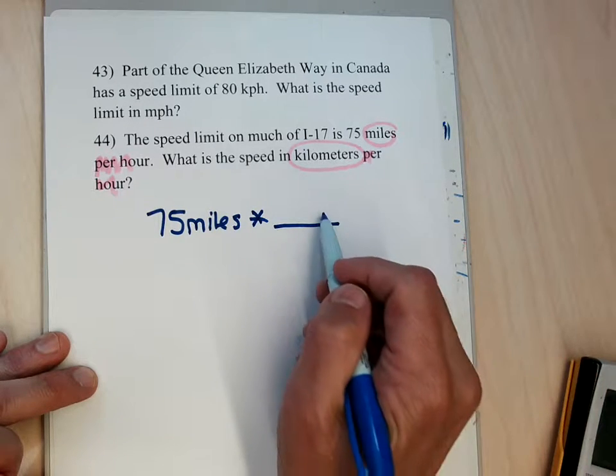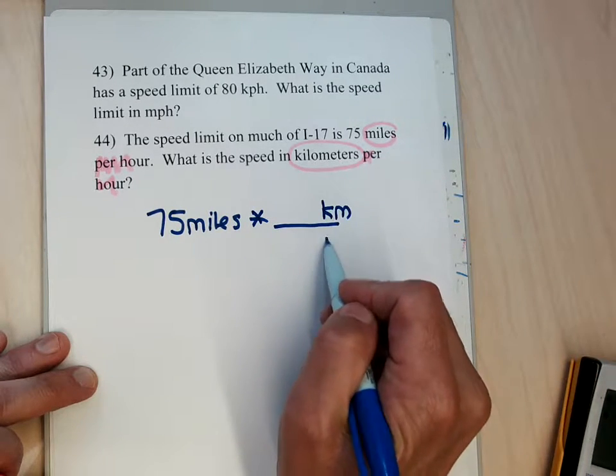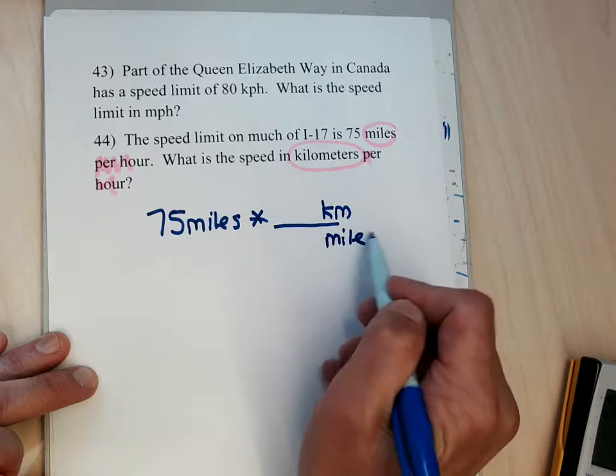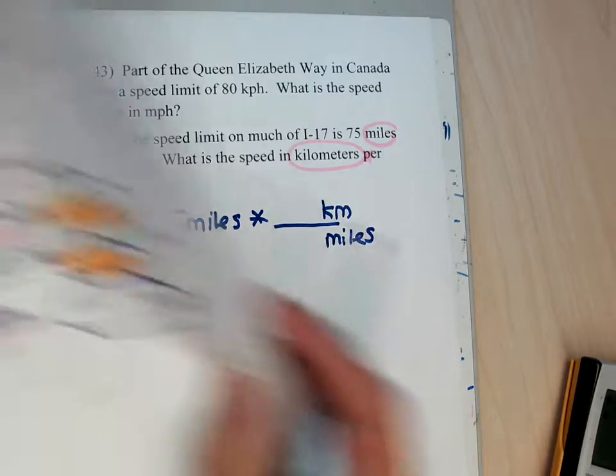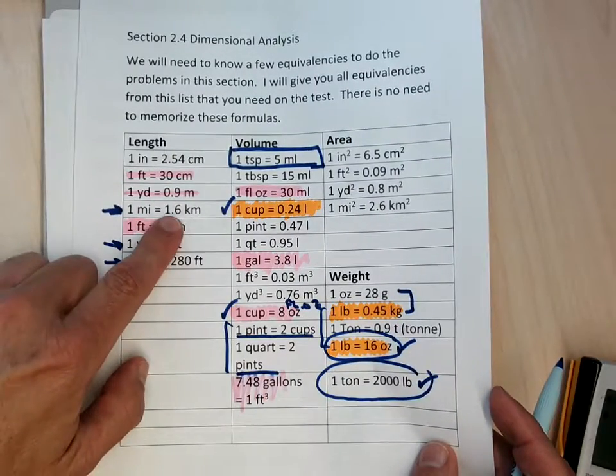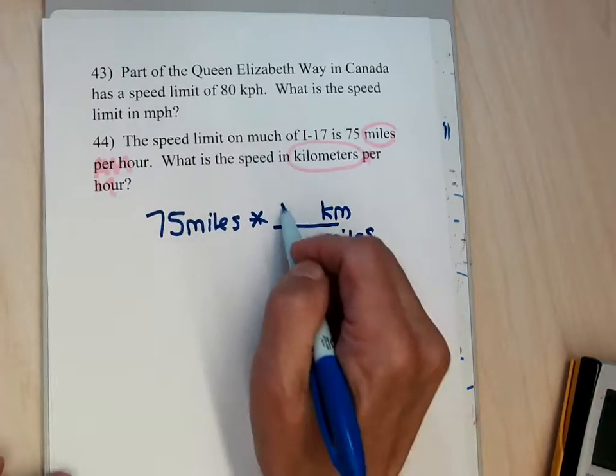So for problem 44, I just need to change the 75 miles into kilometers, and I'm going to reinsert that per hour part. And the change from miles to kilometers, the best I can hope for is a fraction that has kilometers in the numerator and miles in the denominator, and I have that 1 mile is 1.6 kilometers.